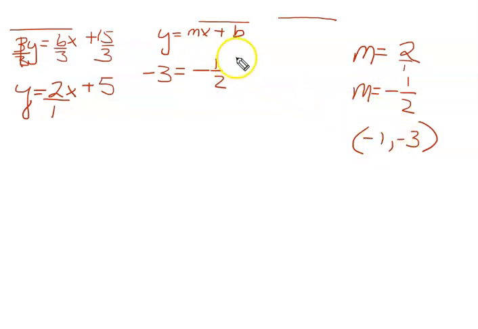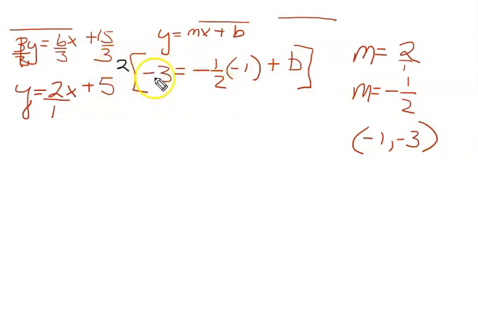Our x value is a -1. And what we don't know is what our new b value would be. Well, to get rid of our fractions, I said that's always a good idea. I'll even change colors here. We're going to multiply everything by the lowest common denominator, 2.